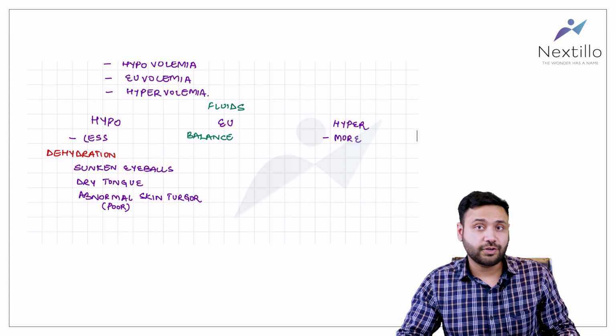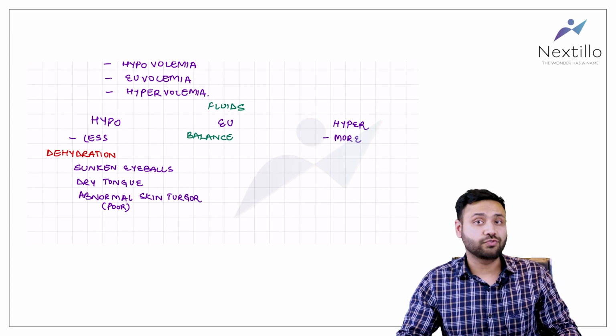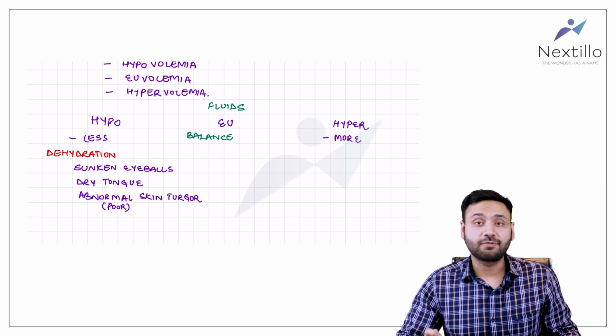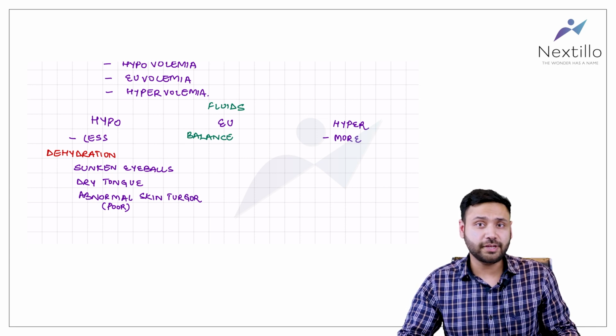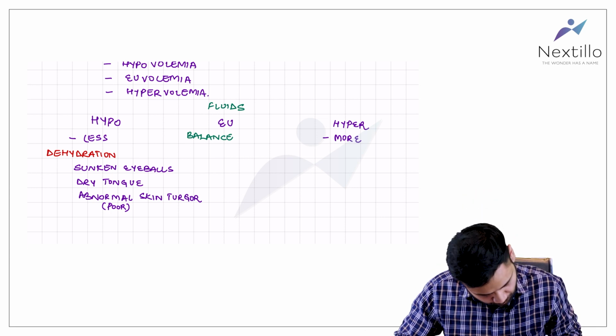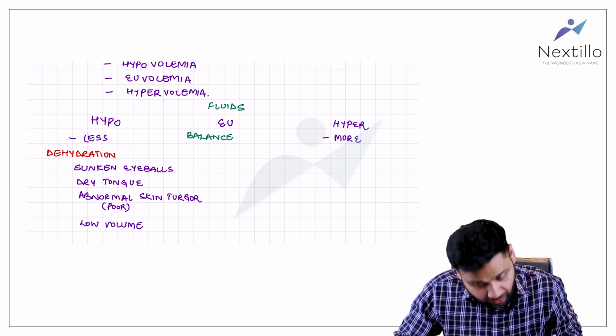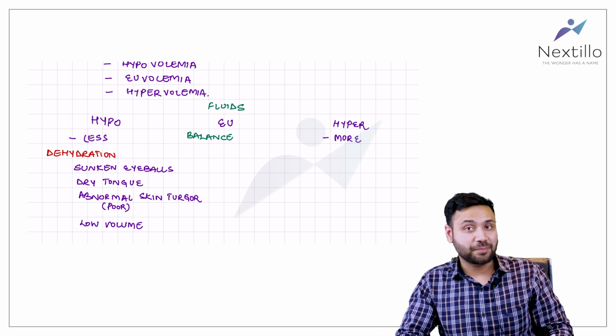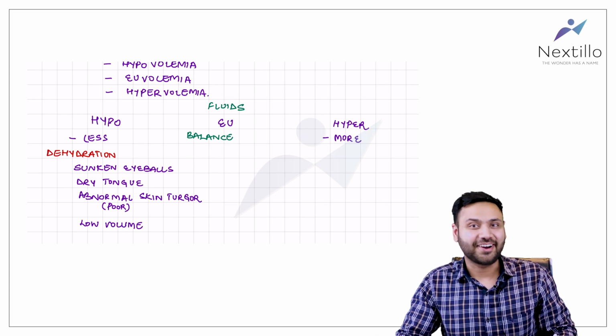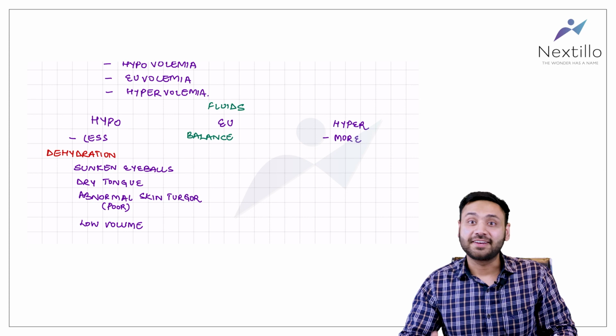If you evaluate the pulse, what would you find? You would find the volume of the pulse would be low. It would be a low volume pulse. And the heart would try to compensate by increasing the heart rate, and you would find tachycardia also.